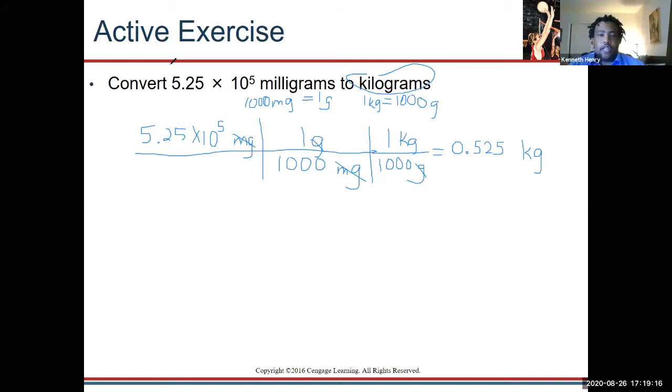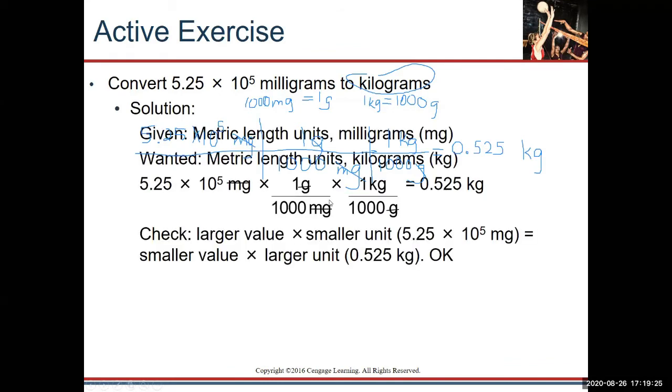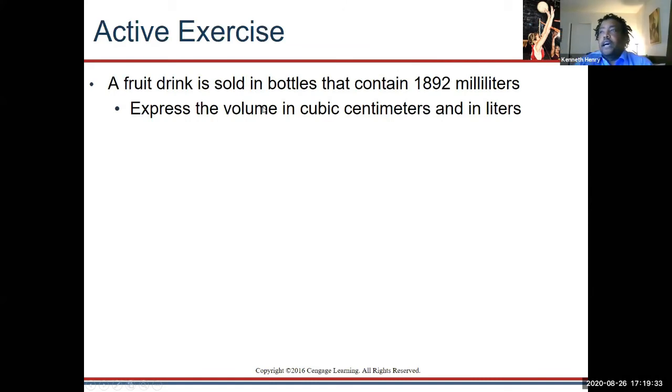Okay, you guys ready for the next part? The next question says, a fruit drink is sold in bottles that contain 1,892 milliliters.